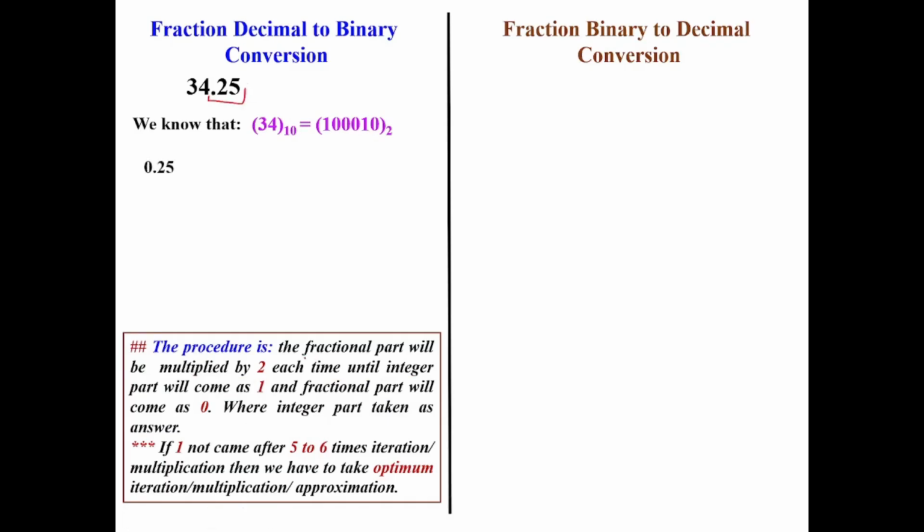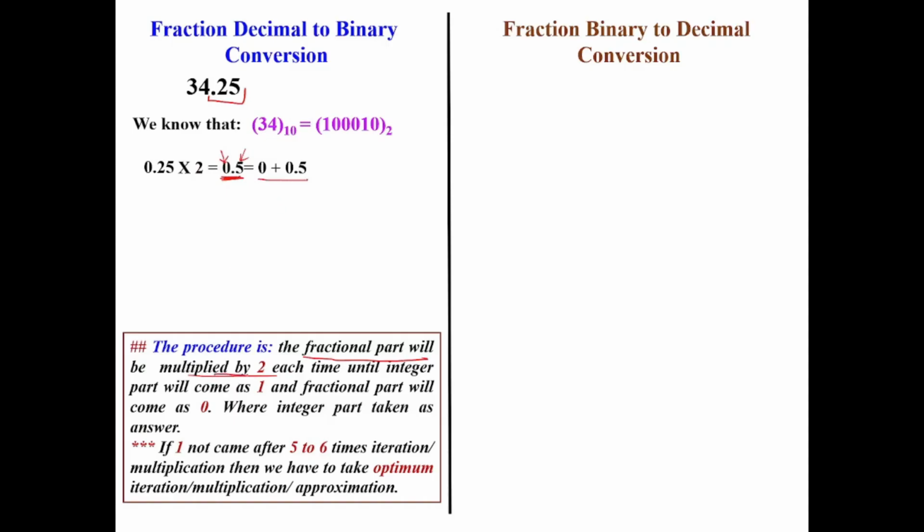The fractional part will be multiplied by 2. I multiply 0.25 with 2, and we get 0.5. In this 0.5, 0 is the integer part and 5 is the fractional part, so 0.5 can be written as 0 plus 0.5.